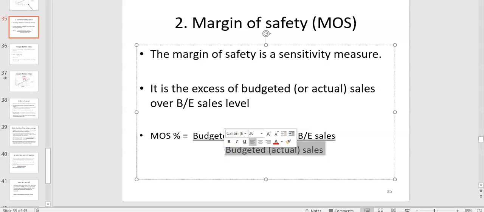Now I'll explain in English what these mean, but this is quite an important one because the bigger the margin of safety, the further away you are from loss making, the further you are away from the break even. But the smaller this is, the closer you are to break even. And that's a risky position because if anything happens, you could end up going from making a profit to making a loss.